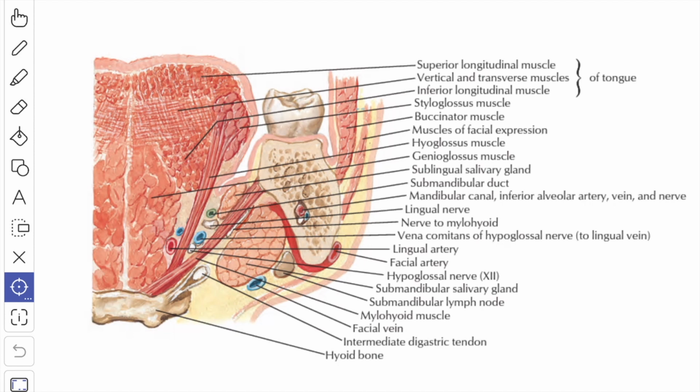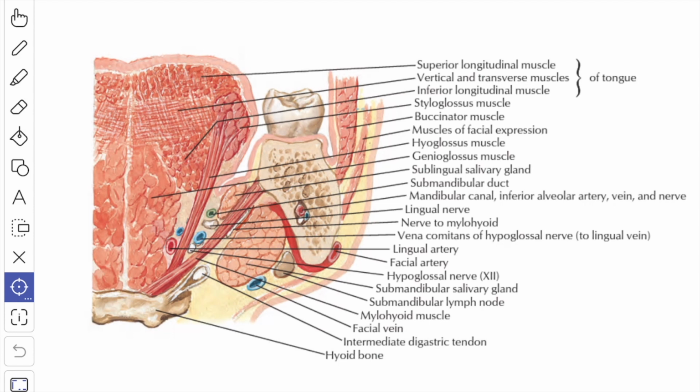The muscles which make the dorsum convex are the hyoglossus muscle and the inferior longitudinal muscle. The muscles which shorten the tongue are the superior and the inferior longitudinal muscles and the verticalis muscle. The muscle which elevates the tongue is the transversus linguae muscle.